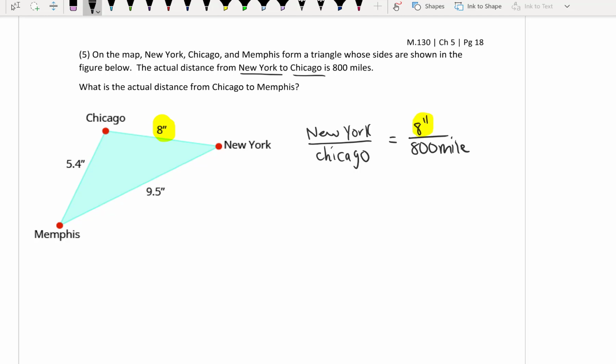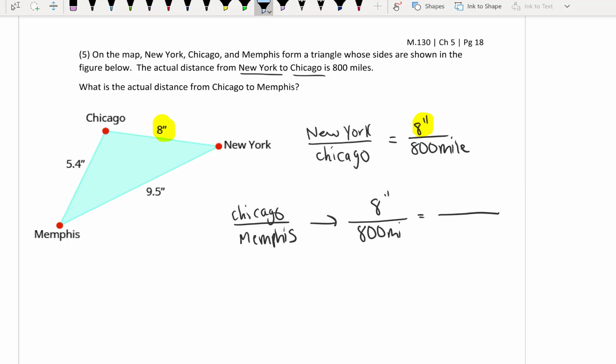So now when I want to compare it from Chicago to Memphis, we have something to compare it to. So what we already know is the New York to Chicago. Well, we know that the New York to Chicago is going to be my 8 inches to the 800 miles. That's what we got before.